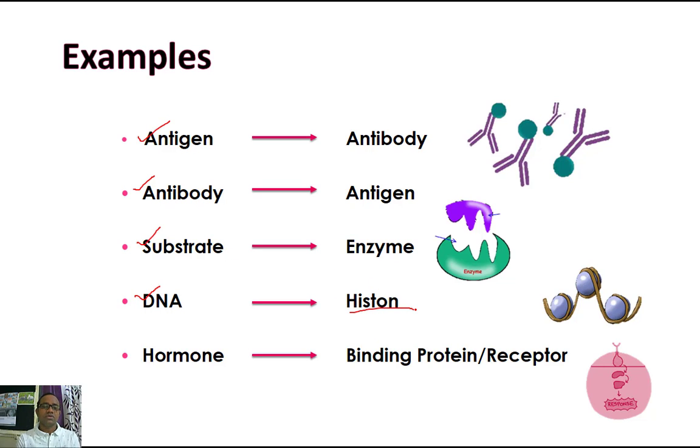Okay, so DNA is bound with the histone, so we can use the histone as a ligand in order to isolate the DNA. And for the hormones, mostly all the receptors to which the hormone binds. Right? So we use the receptor as a ligand. Okay, so in this way, these are all different types of examples by which we can isolate a particular biomolecule by using their counter ligand, or their specificity partner.